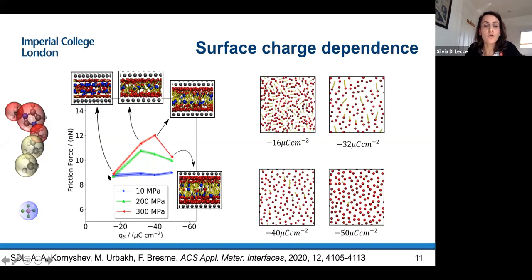we see that for low charge density, the ionic liquid is basically lying flat on the surface. And as soon as we increase the charge, we see that it actually orients. Here, for the highest charge, we see next to the wall just the heads of the cation, and the tails are mainly facing the inner part of the confined ionic liquid.